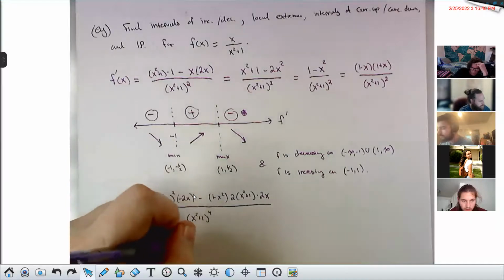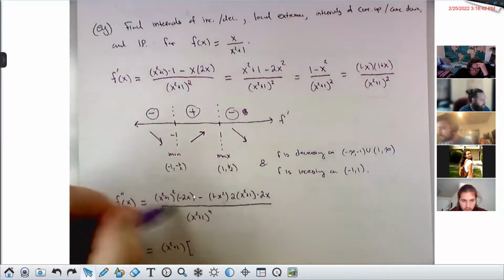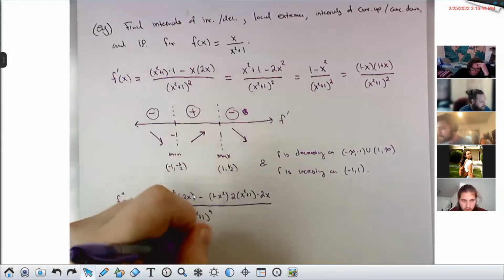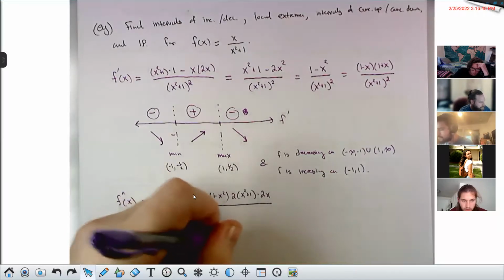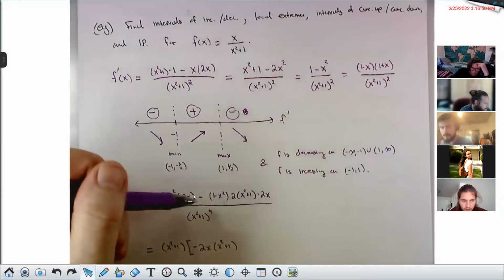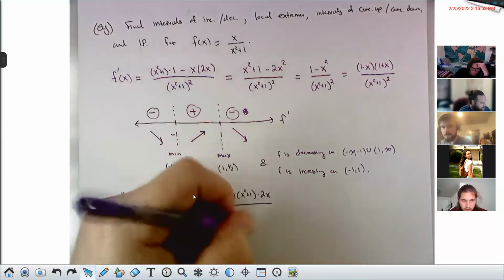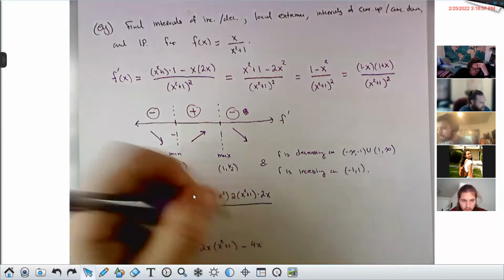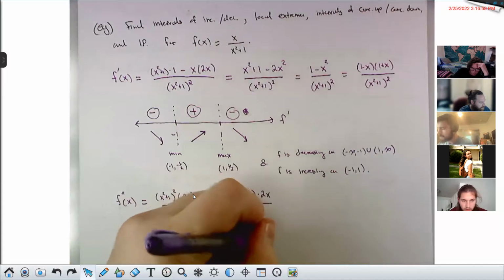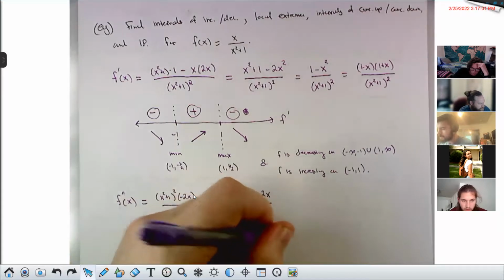Let's do it one step at a time. So if I simplify what's left over here, this is negative 2x times x squared plus 1. And then minus 2x times 2 is 4x. This x squared plus 1 has been factored out times 1 minus x squared.